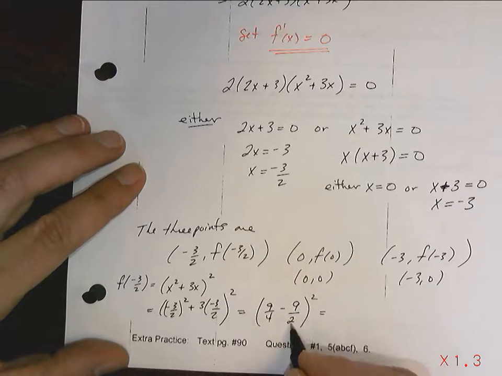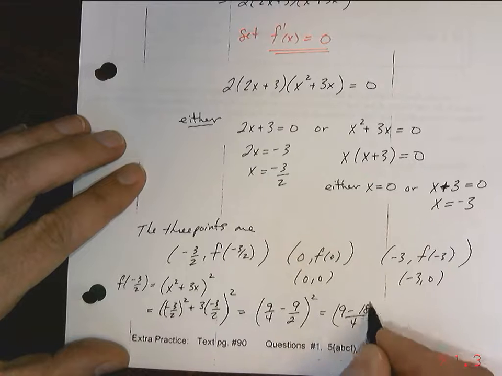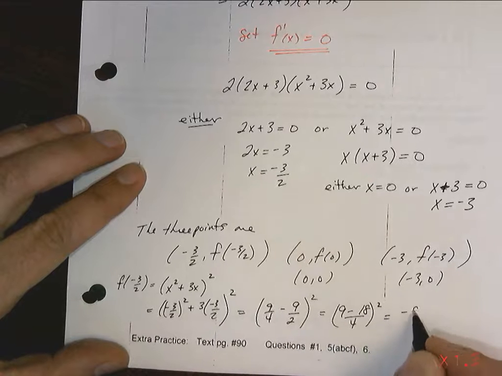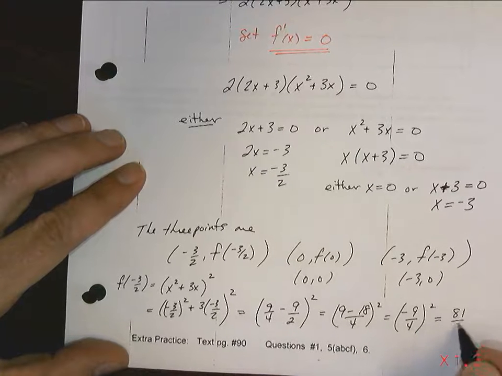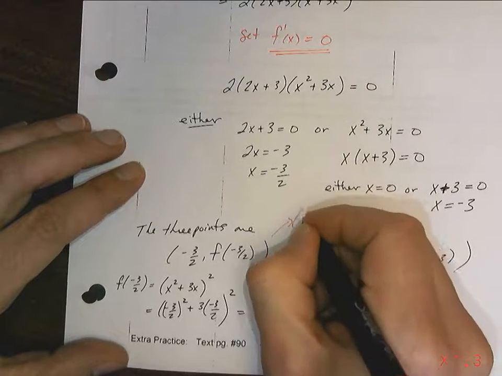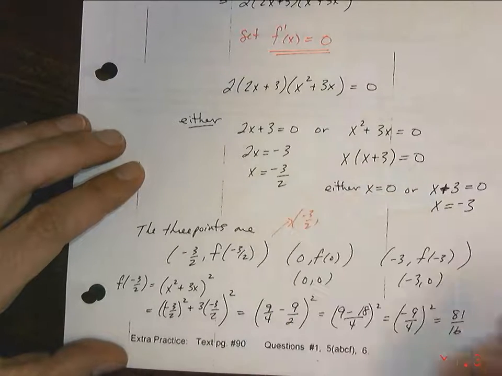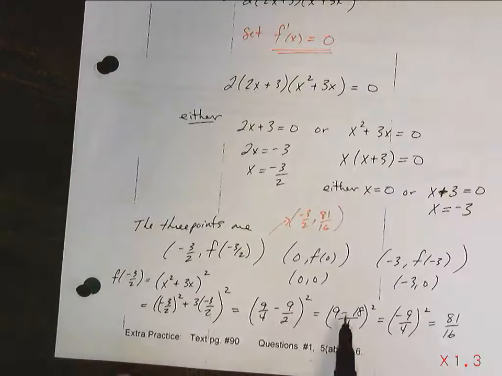So getting a common denominator of 4, it's going to be 9 minus 18 over 4, which is going to be negative 9 over 4, which squared is 81 over 16. So this point is given by negative 3 over 2, comma, 81 over 16. And that just took a little bit of algebra down here to do. That's all.